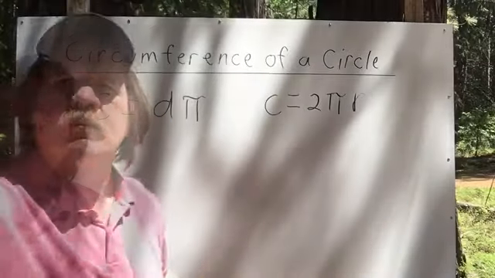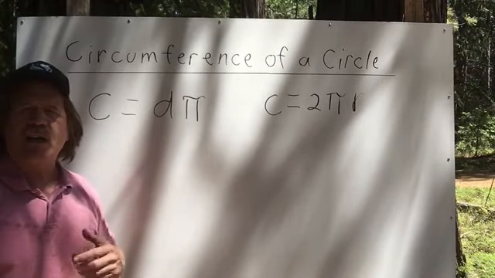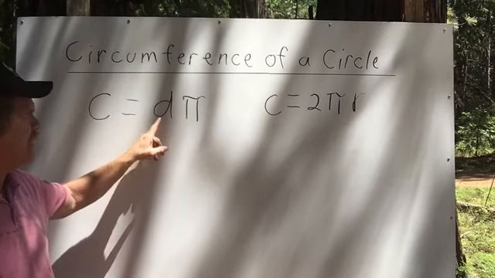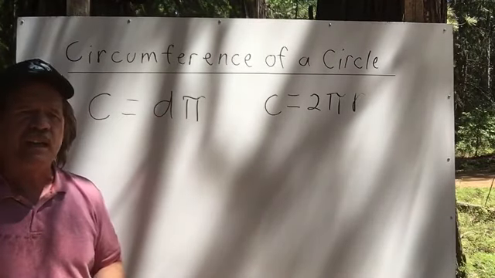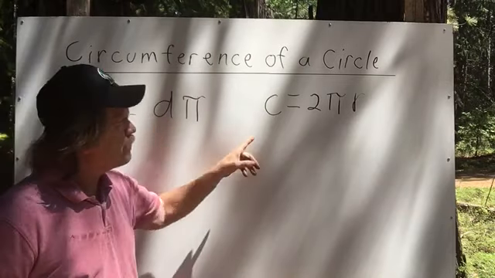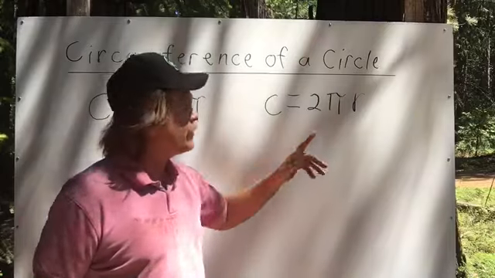Remember those. A lot of people, especially mathematicians and people who are higher up in the math, usually kind of disregard this diameter times pi. The diameter is actually an easier calculation to make because you don't have to multiply it times 2. A lot of people who are into math and into science, they just go straight to the radius.